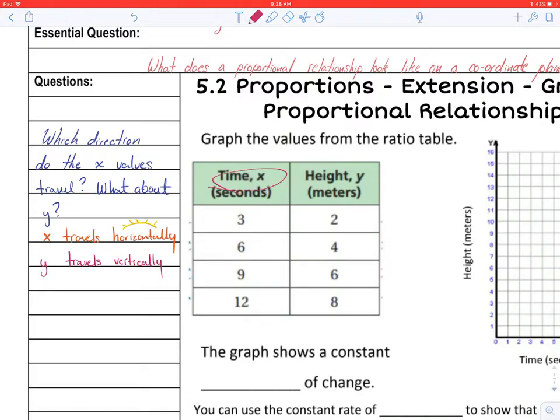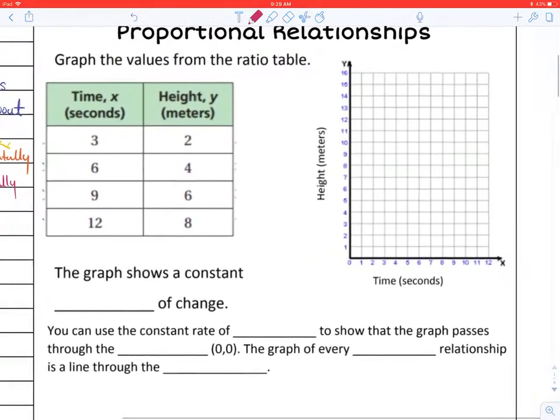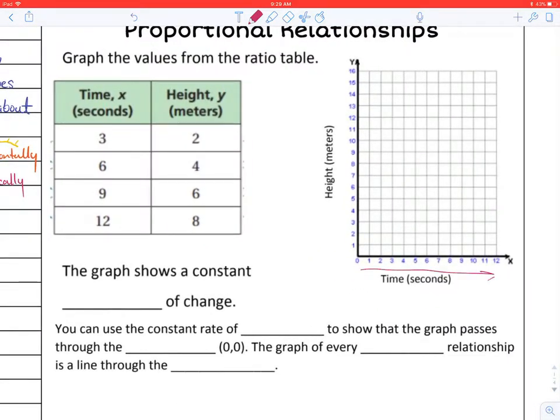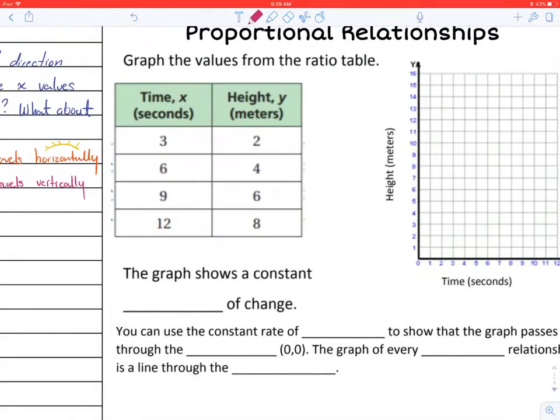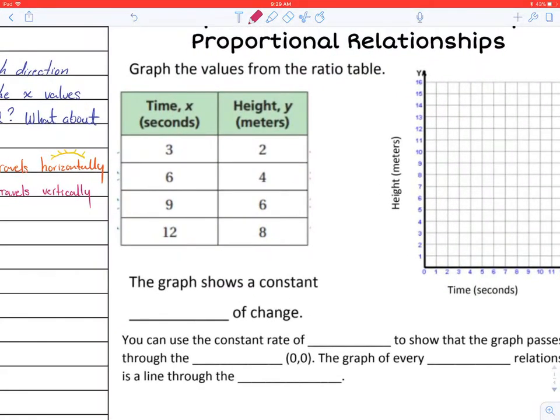So that means my x values of time are going to travel horizontally on my graph, as I can see here, left to right, and then my height travels vertically, or up and down. Now, I'm being asked to graph these values from the ratio table. I'm going to take my x value, this 3, and I'm going to start at 0.